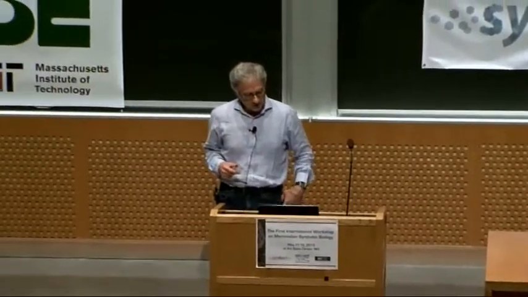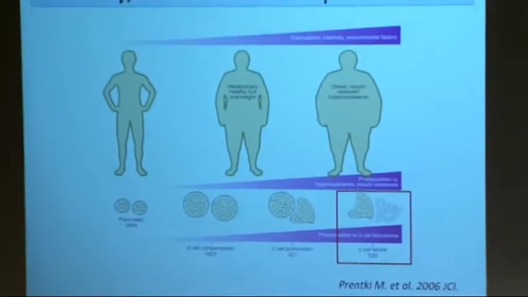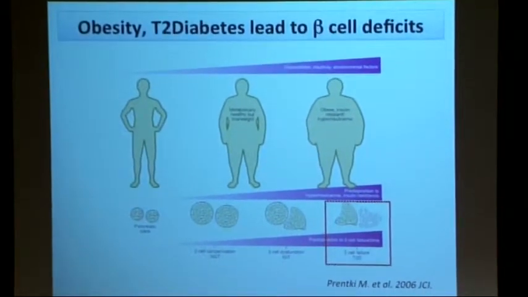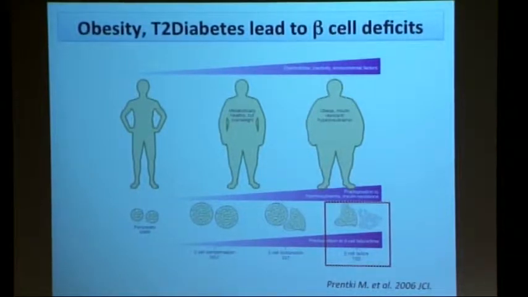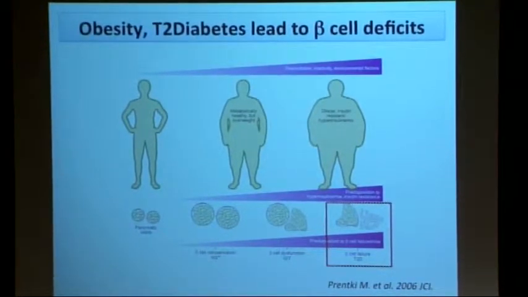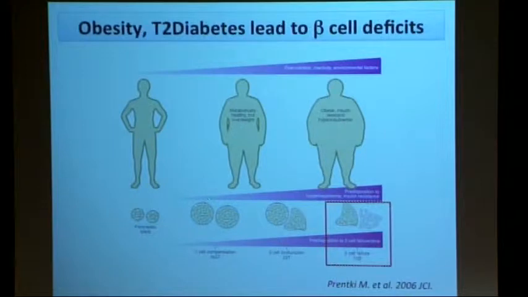Here's a picture of what's happening to most Americans, an increasing number, that as we gain weight, we can be metabolically healthy, but overweight. And at that point in our life, I guess I'll focus here on this left screen, there's a normal number of pancreatic beta cells, the cells that produce insulin.